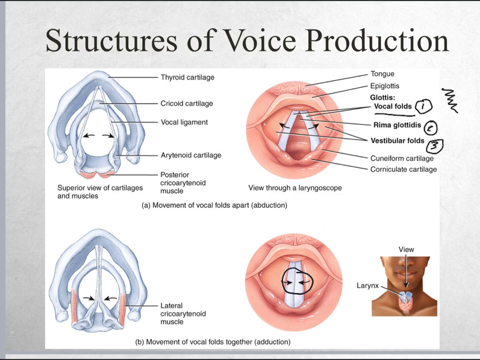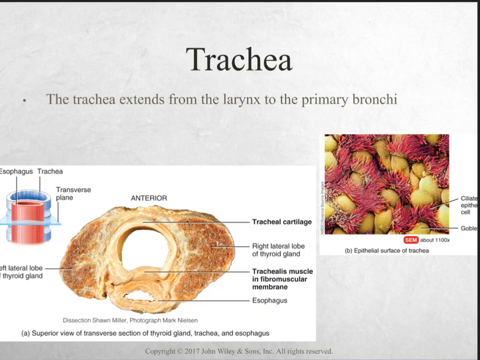So when they're closed here versus open here, the function of the vestibular folds is going to be pretty simple, to keep air trapped down in that lung area, as well as preventing anything from closing through, essentially closing off the glottis. And then just some ancillary structures. We have the tongue up here, followed by the epiglottis right here.